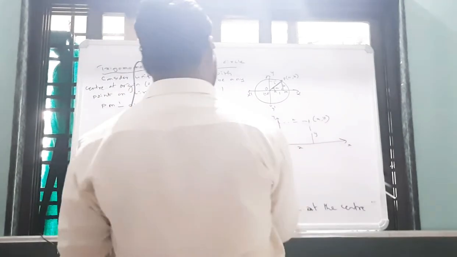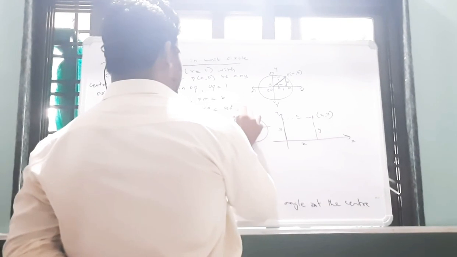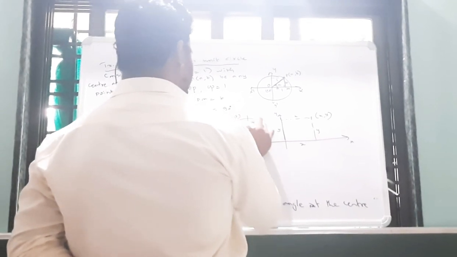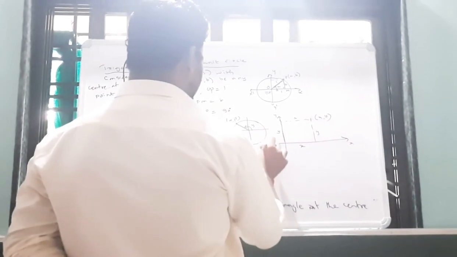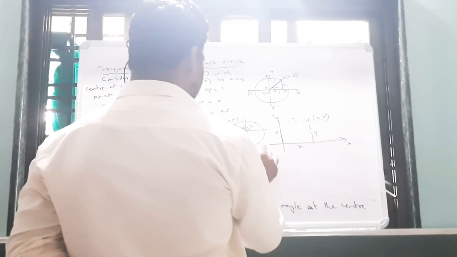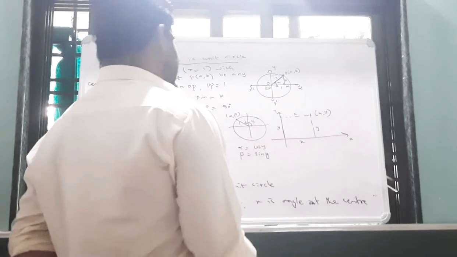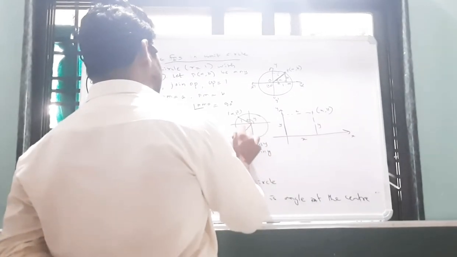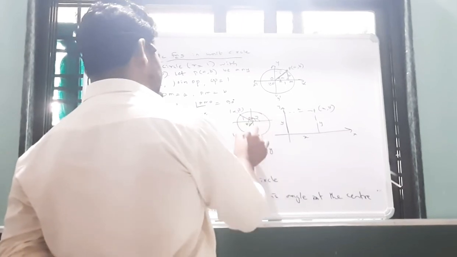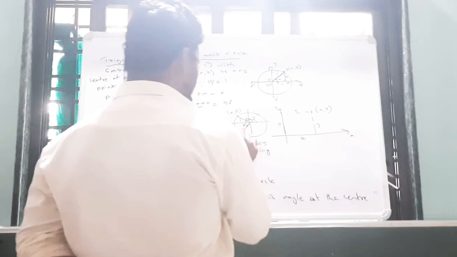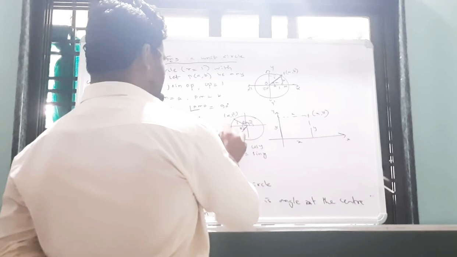Suppose I take another circle, and here a point alpha comma beta, with this angle y radian. Alpha is cos y, beta is sin y on the unit circle. Similarly, if I take the point x comma y and this angle theta, then x is equal to cos theta, y is equal to sin theta.